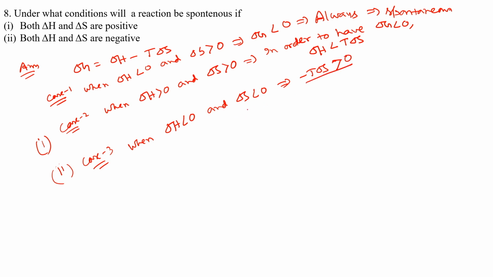So, in order to have the process spontaneous, delta H value has to be greater than T delta S, then only we get delta G negative. So, only in this case delta G is negative.